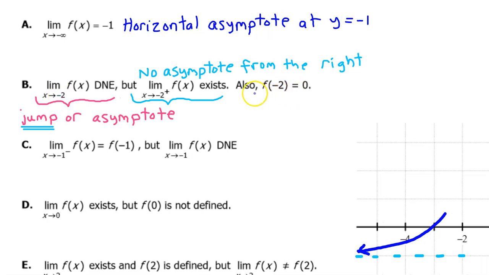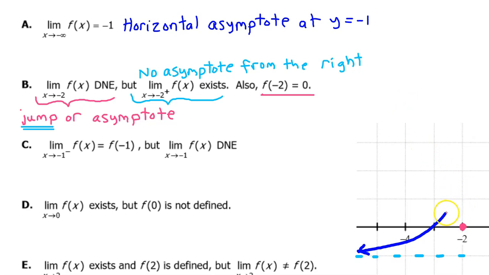I'm also keeping in mind that the value of f at negative 2 is to be 0. So I might as well go ahead and put the closed circle showing the value of f at negative 2 is 0. And that will also allow me to create this jump.